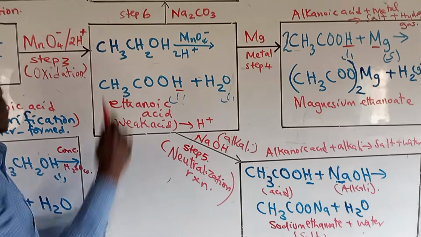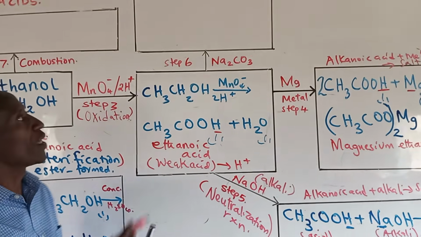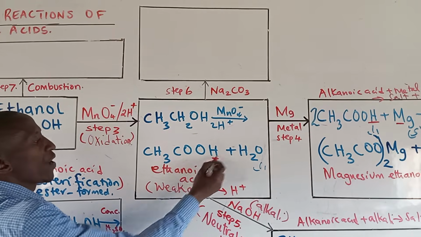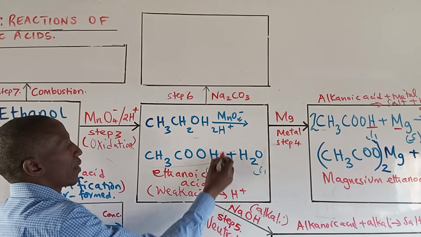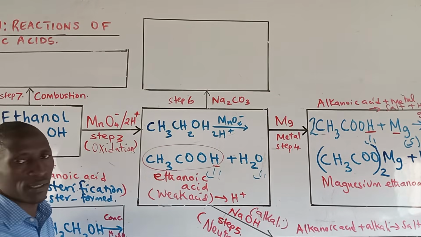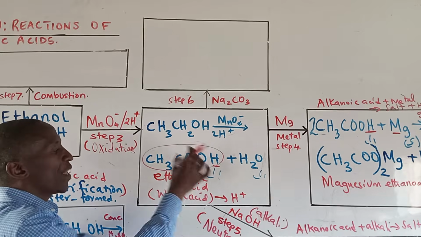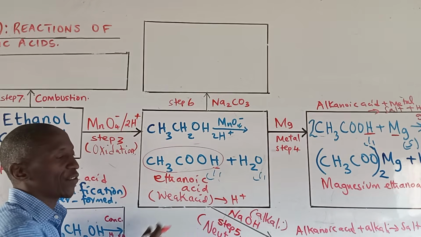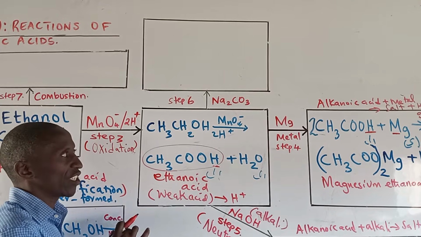Let's move on to step number 6. In step number 6, we are seeing the reaction of ethanoic acid further reacting with a carbonate. As we had said earlier, ethanoic acid is basically an acid due to the presence of hydrogen ions when it dissociates in water.